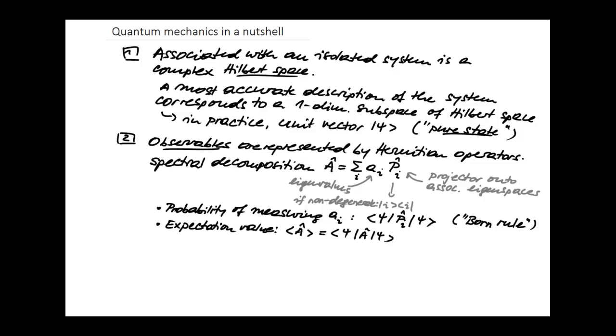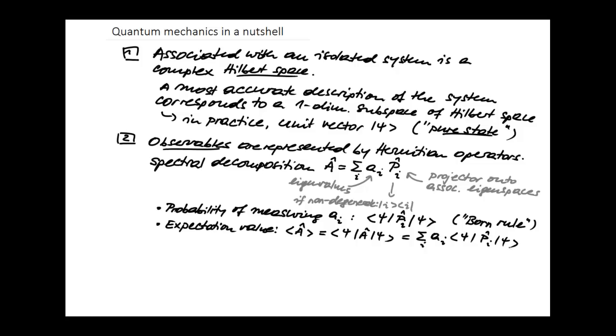And then if you insert the spectral decomposition of the observable A, you can also write it in the form sum over i of a_i times <psi|P_i|psi>. And in this form, you immediately recognize that the expectation value of the projector P_i must be the probability of measuring eigenvalue a_i.